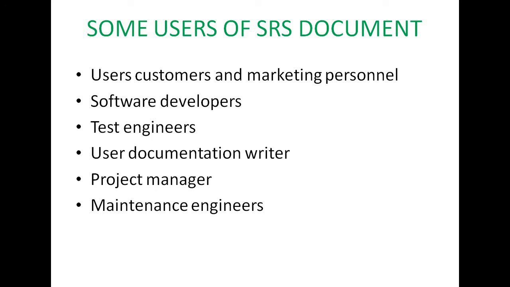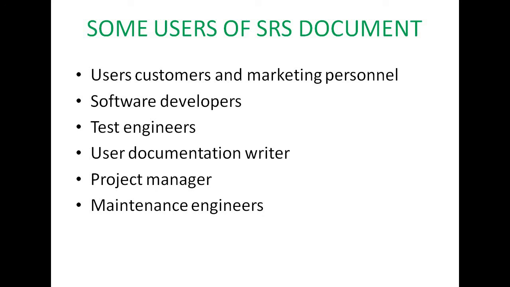Next, the project manager can refer to the SRS document because he can estimate the cost and plan the duration of the project. Then maintenance engineers also use the SRS document because in the SRS document all the functionalities are written.